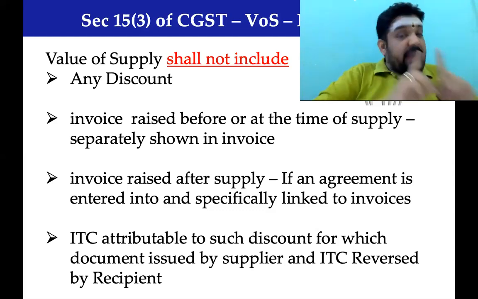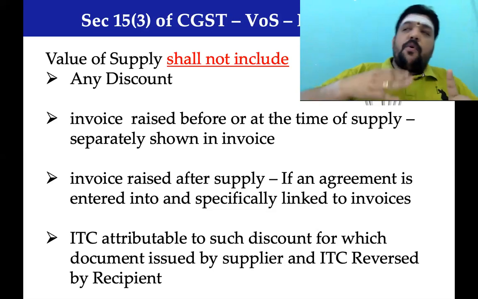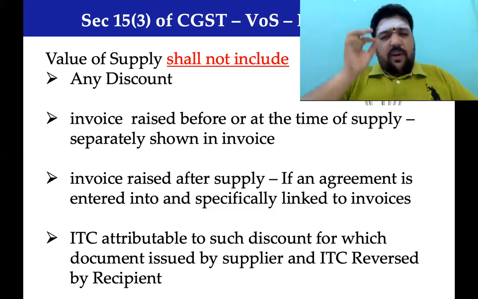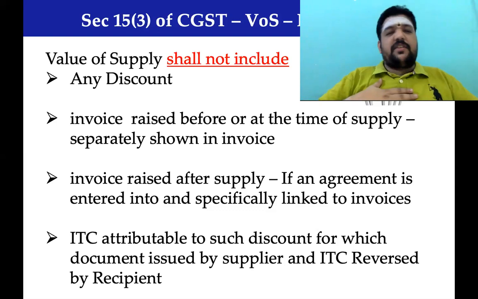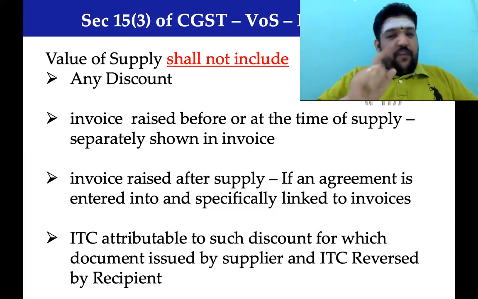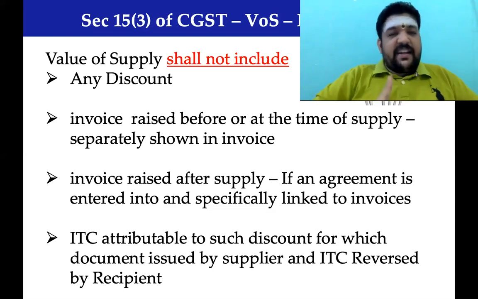At the time of supply, let me repeat, at the time of supply, both supplier and recipient are aware of that discount. A very, very crucial point. At the time of supply, I should be aware that the discount is eligible.